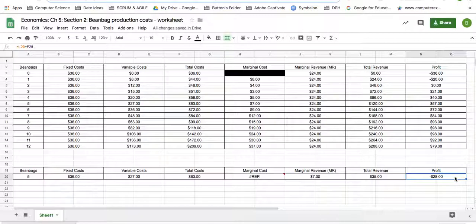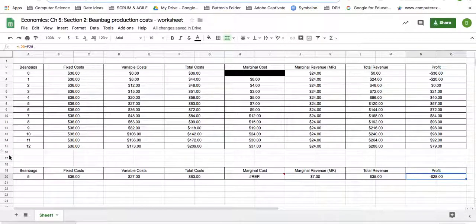Is it going to make more sense for the company to shut down completely at this point, or does it make more sense for them to stay open? Now, obviously, they're both negative. And what you look at to answer this question, if you were going to use this for your homework for an example, this is what you could use to help you answer the question in your homework. 2 things you look at.